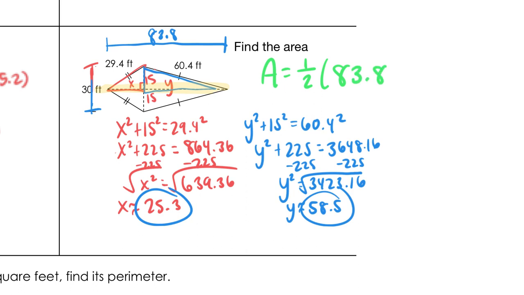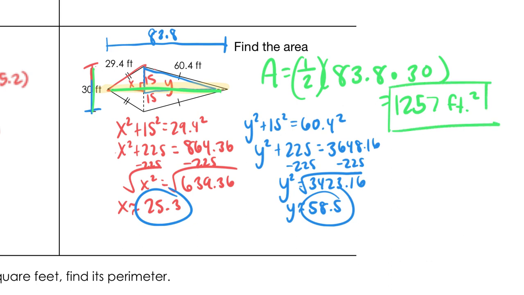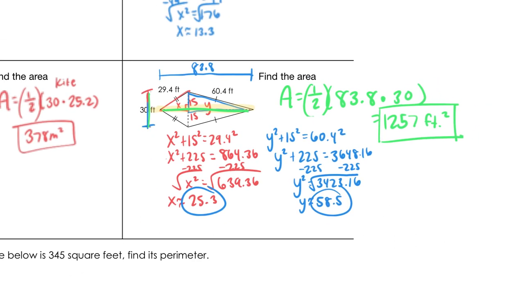One of them was 83.8 for the horizontal diagonal. The other one was 30. So I'm going to put that in the calculator. And I get 1257. And that is it on that one.